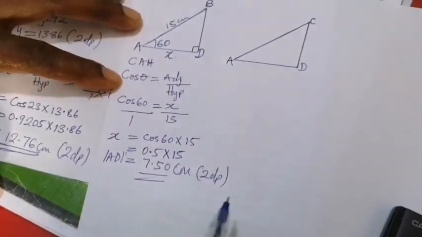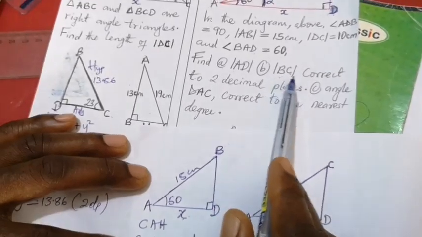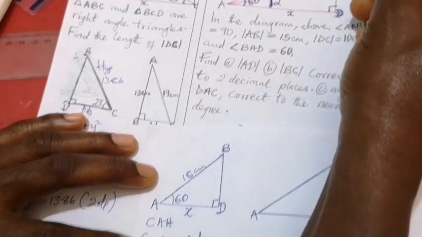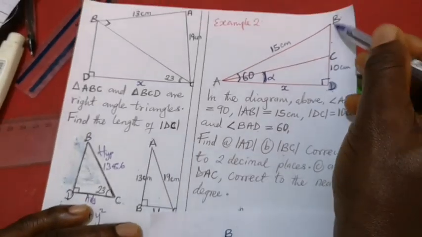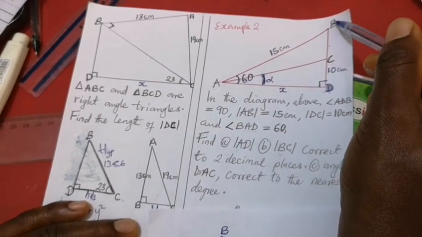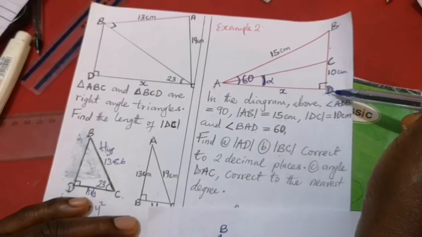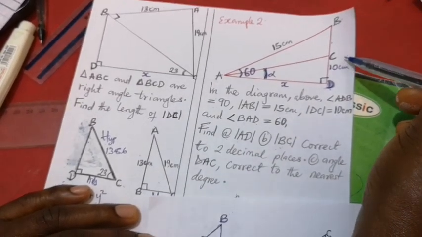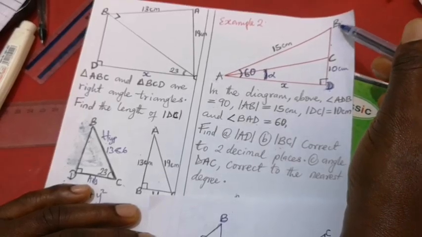Now, the next thing is line BC, okay? Line BC is this place. Now, for us to find line BC, we need to find the value of line BD. After that, we take 10 cm away from the value we got, then the remaining will become the value of line BC.